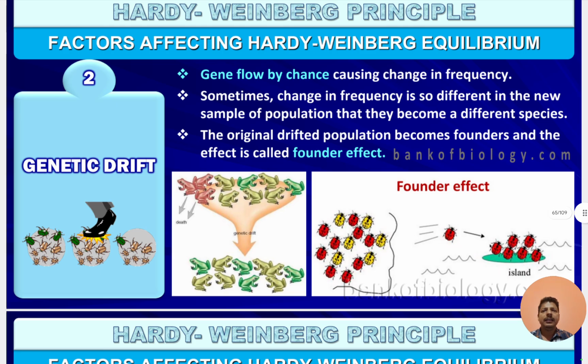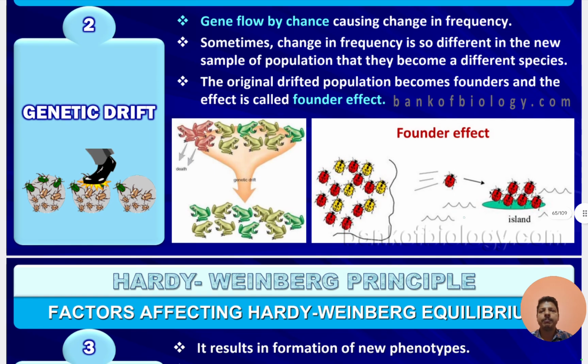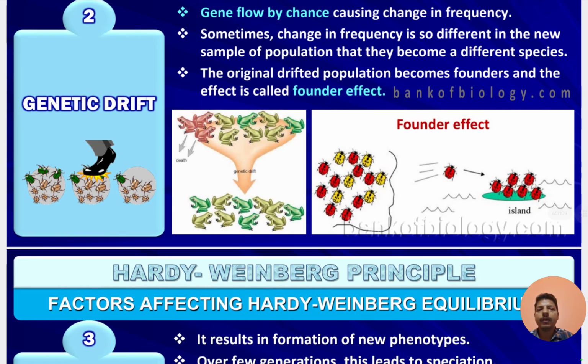Second, gene flow by chance causing change in frequency. Sometimes the change in frequency is so different in the new sample of the population that it becomes a different species. The original drifted population becomes a founder, and the effect is called founder's effect. Here you can see founder's effect.